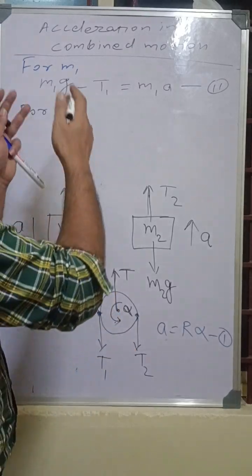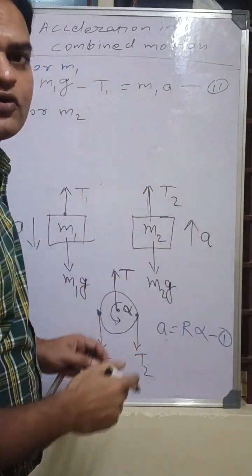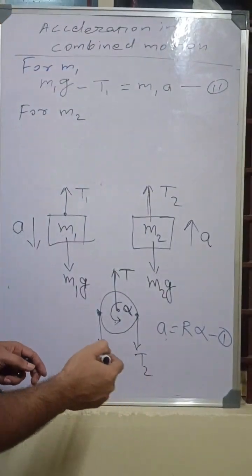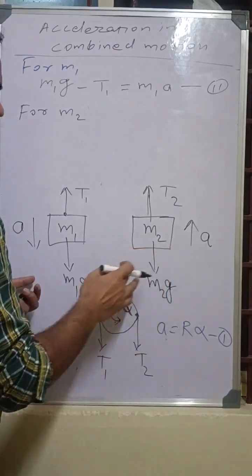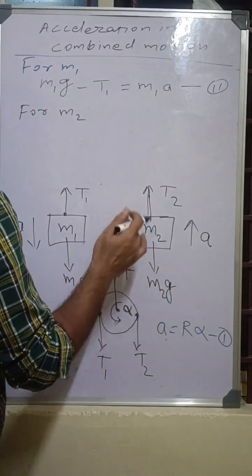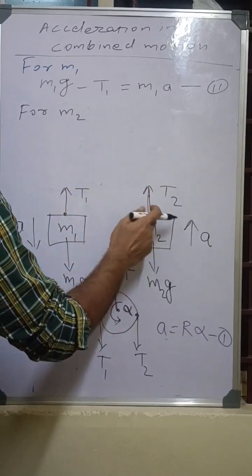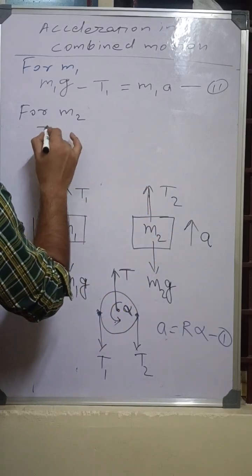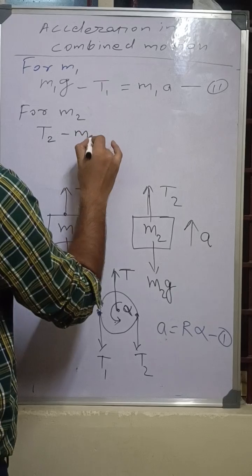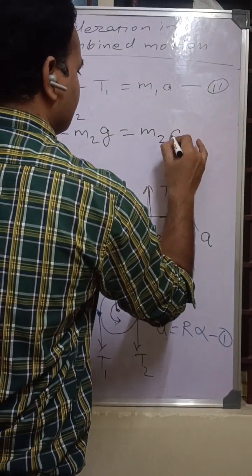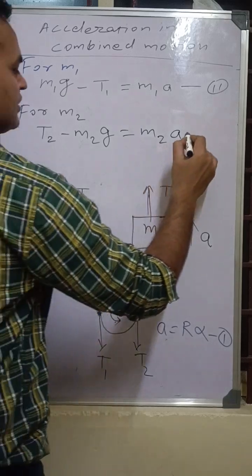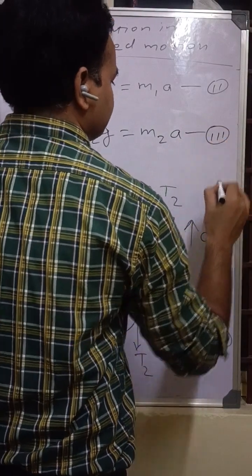It would mean M1 is going upward and M2 is going downward. Whatever assumption we made, according to that we have to write the equation. So for M2, T2 minus M2G equals M2 into A. Say this is equation 3.